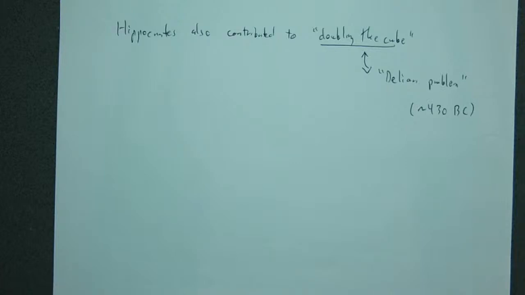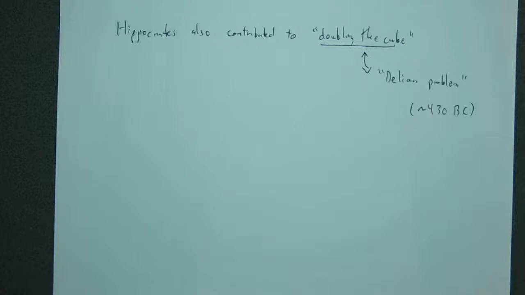Okay, and when the plague did not stop after their attempts to do this, the oracle explained that the Athenians, trying to double the cube, had only doubled the edges, right, which does not actually double the altar. Okay, so they had doubled the edges, but that doesn't double its volume.